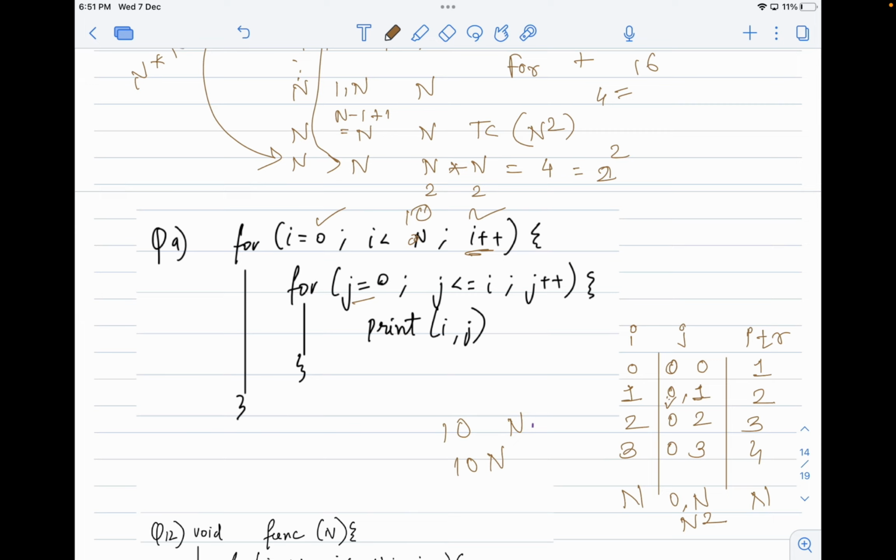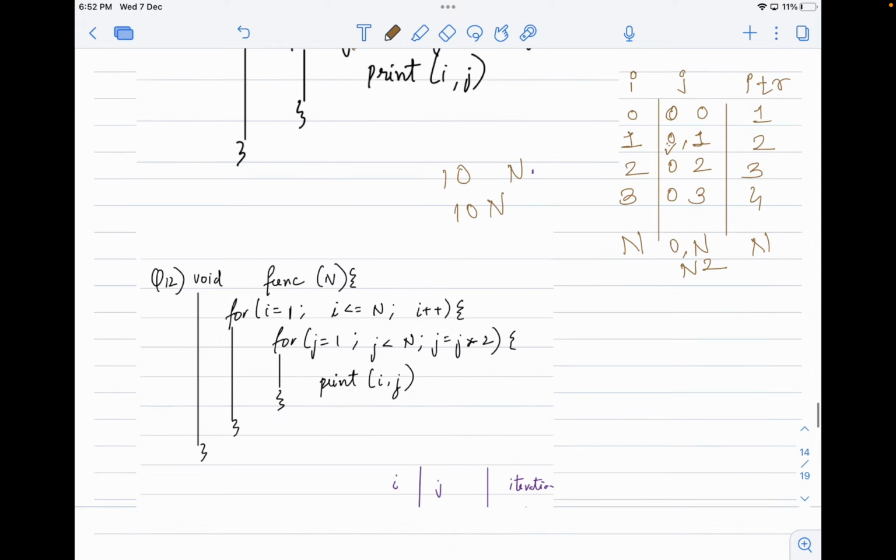So for n it will be n square, and if it is till 10, then it will be what? N square is the time complexity of this question.